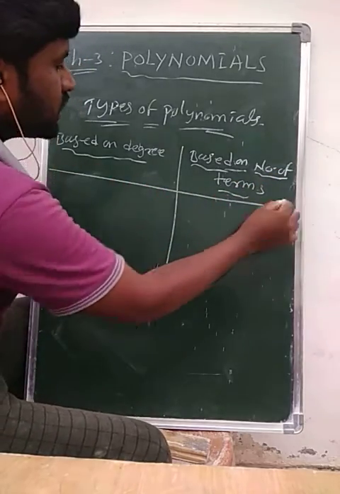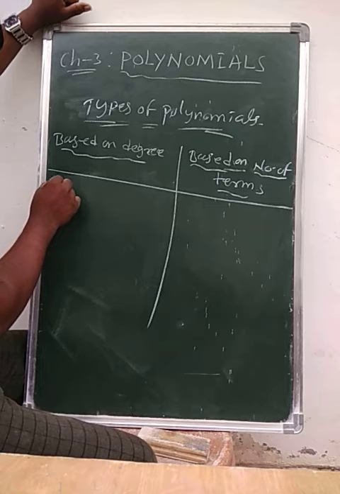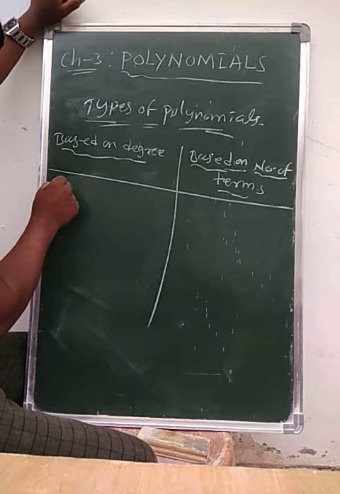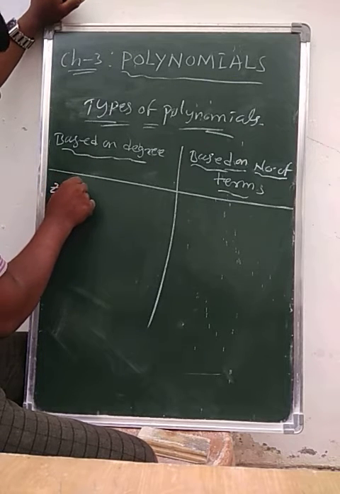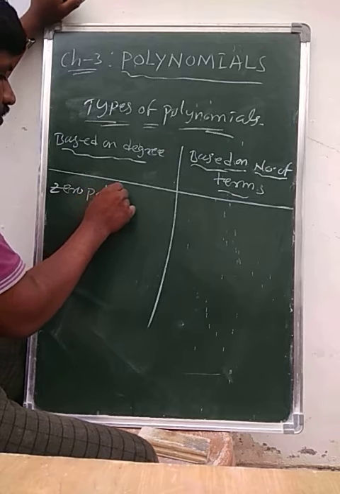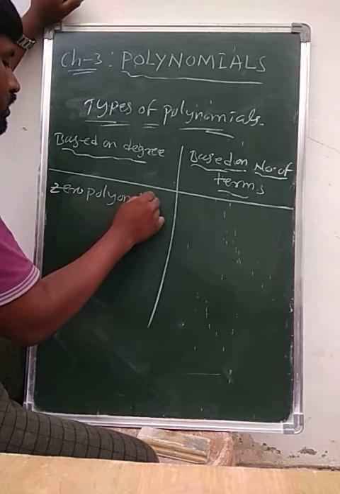I just want to explain quickly. The first polynomial is zero polynomial.